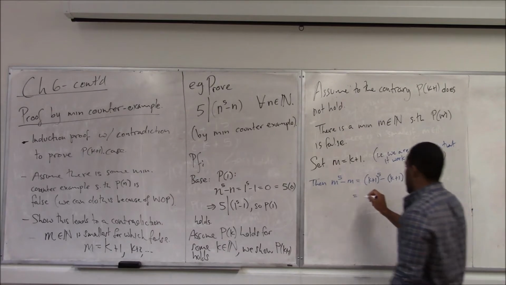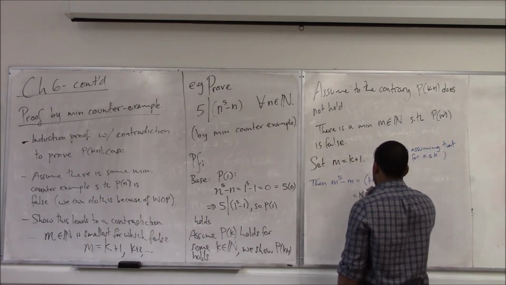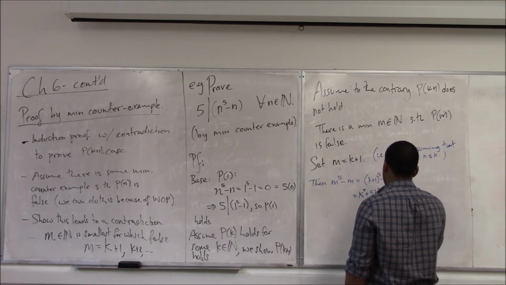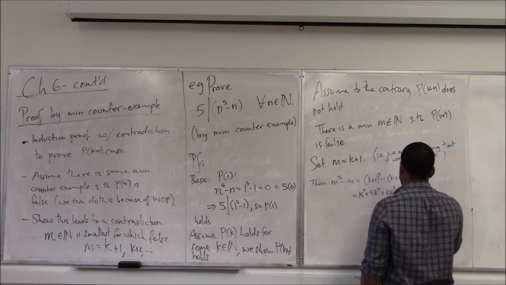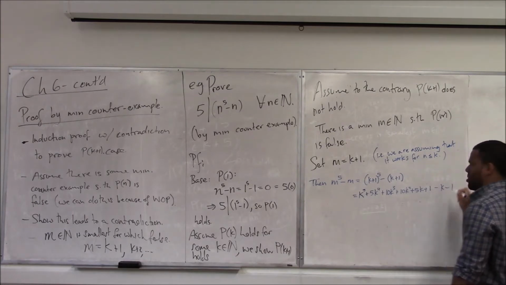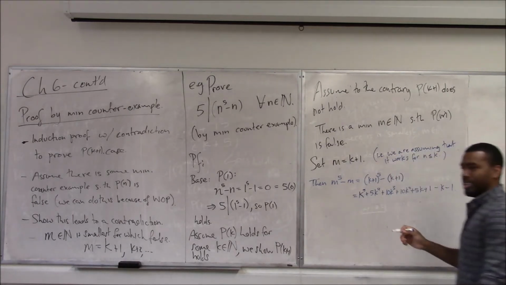Anybody remember how to expand the 5th power? It's k to the 5th plus 5k to the 4th plus 10k cubed plus 10k squared plus 5k plus 1 minus k minus 1. That's it. Pascal's triangle? Yeah. It's 1, 5, 10, 10, 5, 1.